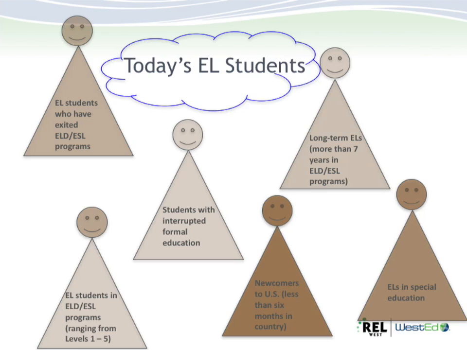On the next slide, here's just a snapshot of what English learners look like today. They're a very heterogeneous group. We have students that have been here long-term, perhaps born in the country, with us since kindergarten, and perhaps are continuing to need English language development programs up until middle school and high school. We have students who have also exited ELD programs and that may be on a monitoring status.